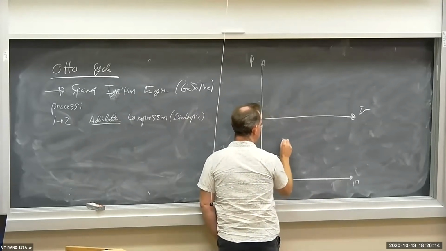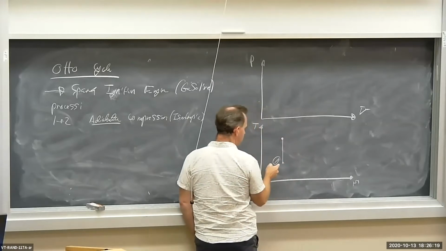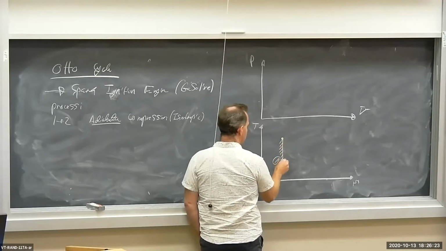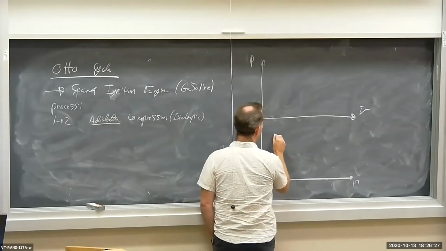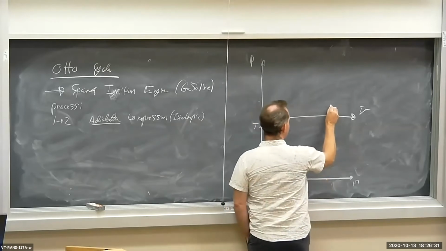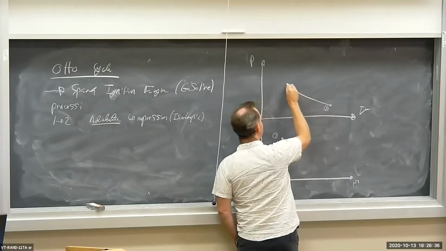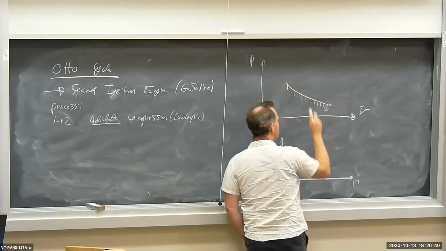So up to state 2, isentropic compression. Temperature starts initially at T1 and goes up to T2. We're compressing, volume's declining, so temperature goes up. So here's state 2. In terms of the PV diagram, here's state 1. We are compressing it adiabatically, so pressure goes up.